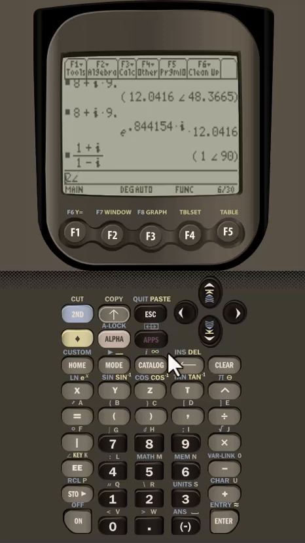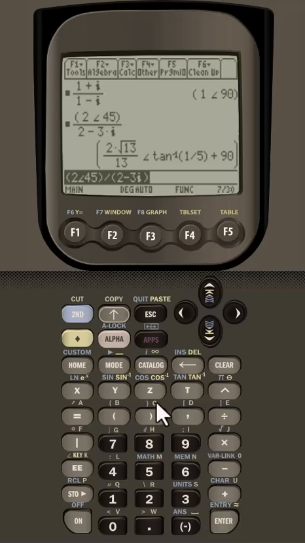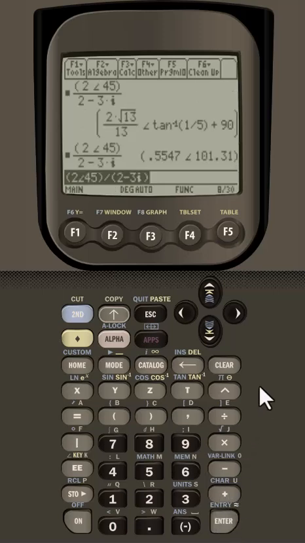Oh, you have to put this in parentheses. 2 angle 45 divided by, and I can mix my expressions here, let's say 2 minus 3j, close parentheses, enter. I wanted the exact expression, so it's diamond, enter. So there's the exact expression.